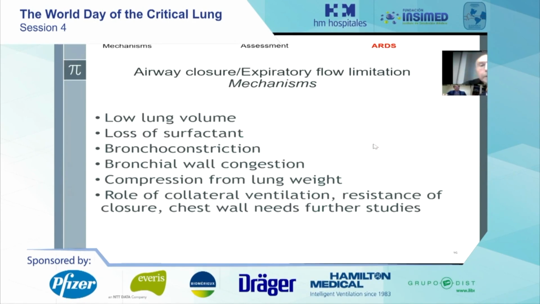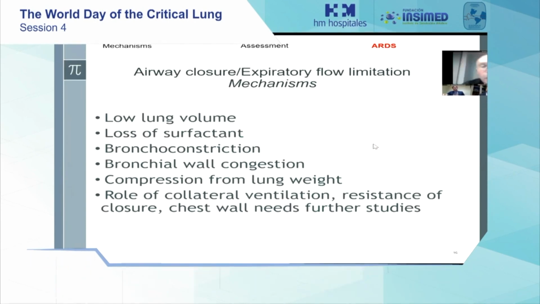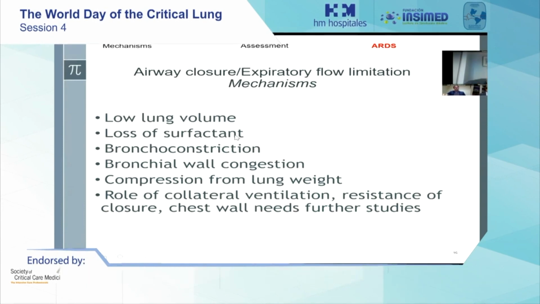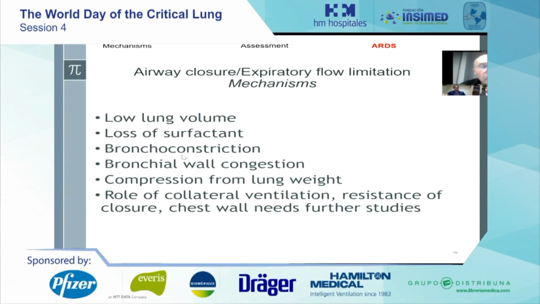On this slide, which is very close to my conclusion, are the anticipated mechanisms for airway closure and expiratory flow limitation. We have seen the importance of the low lung volume, and ARDS is characterized by a loss of aeration. The loss of surfactant is suggested by the study I mentioned before.